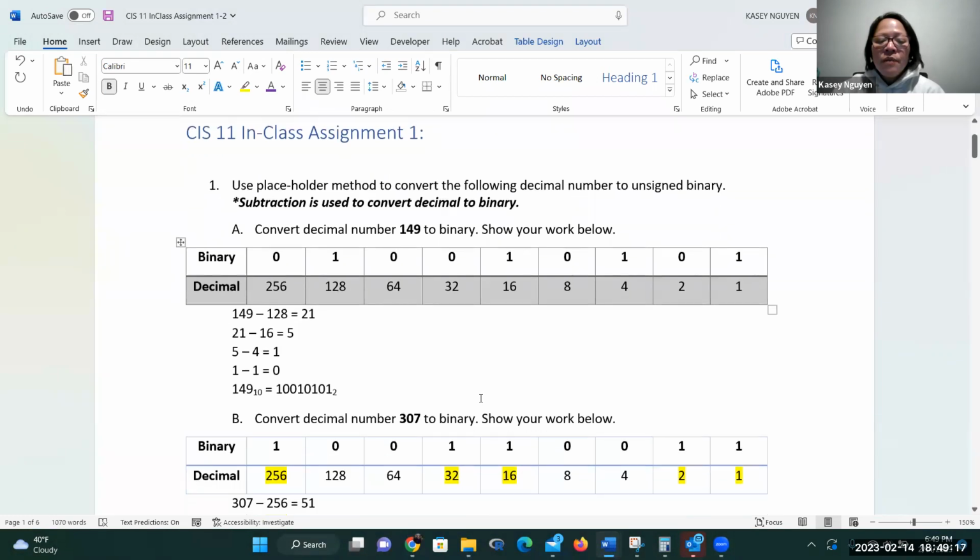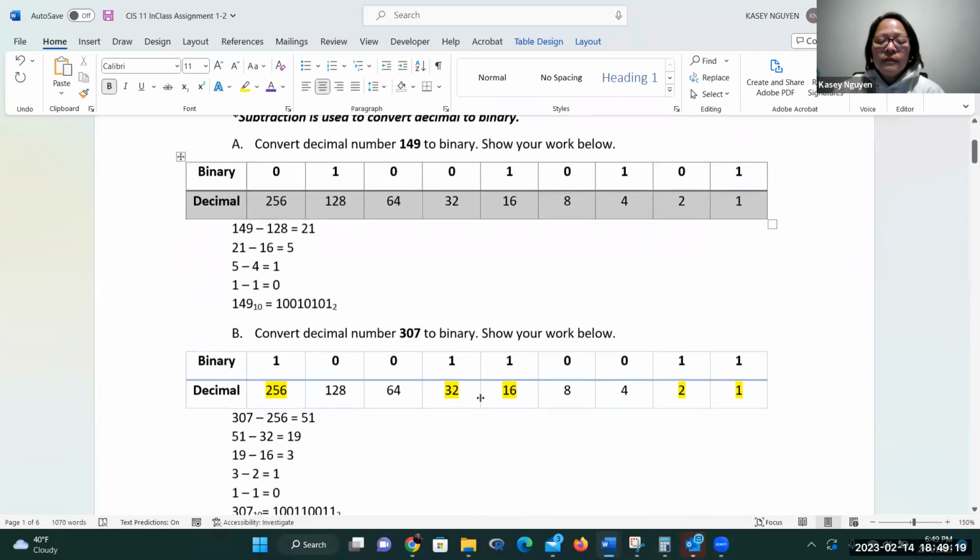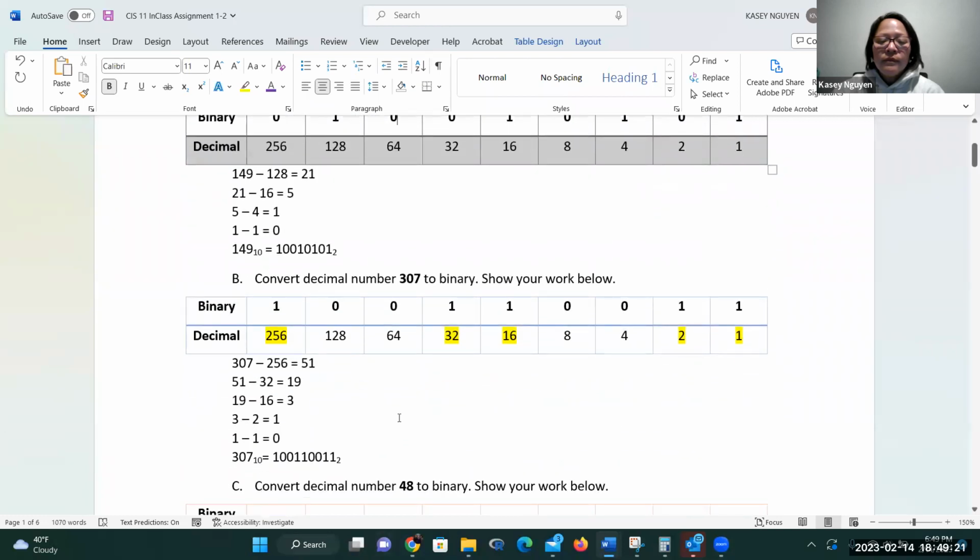Okay, so we're going to do 1B. Here we have 307. Again, we're going to look at our scale. At first, I'm going to identify the highest number I can subtract from the multiple of 2 scale, or 2 to the n.